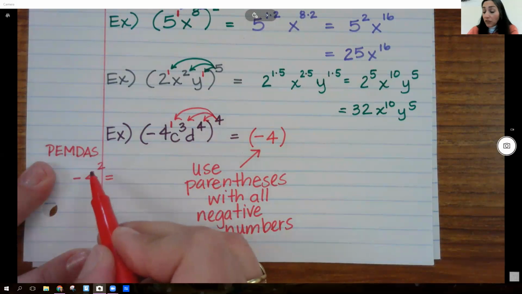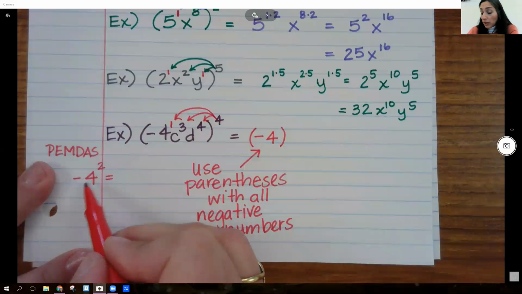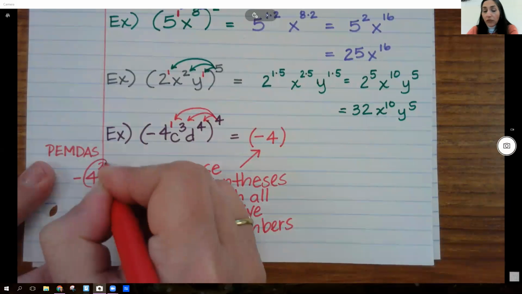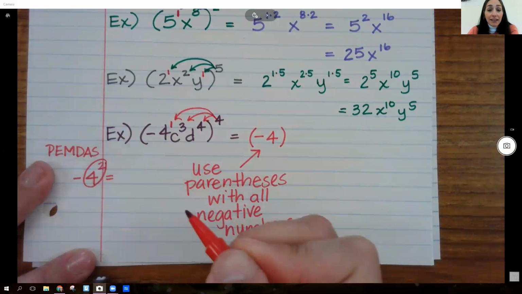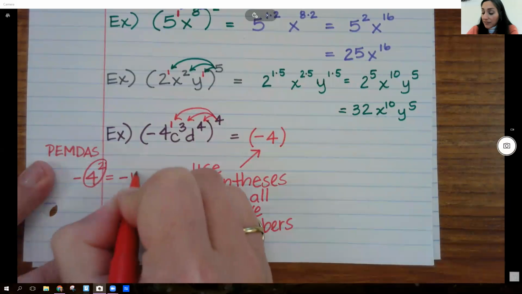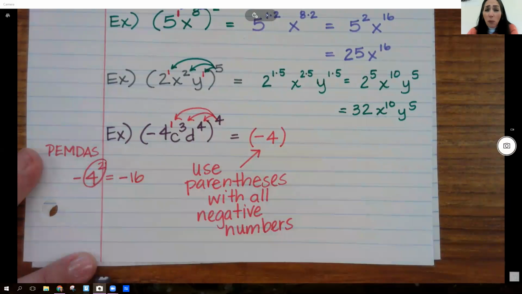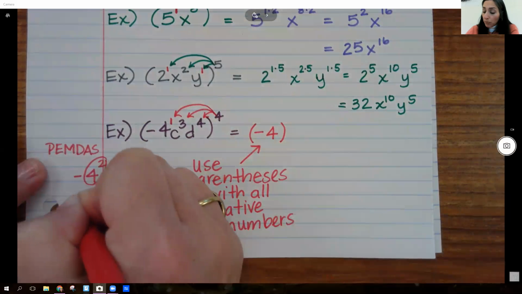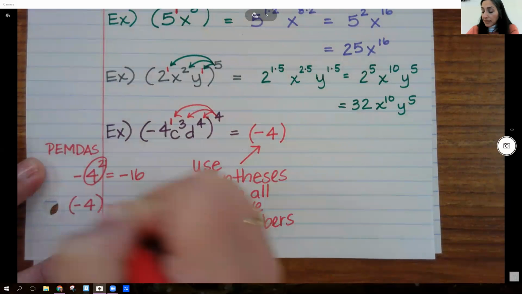So if you put it in your calculator or Desmos like this, it's actually going to square this 4 first and then put a negative in front of the answer. So you would get -16. But that's not what we're doing here. We're actually raising the negative sign also to an exponent. So you want to put the -4 in parentheses.